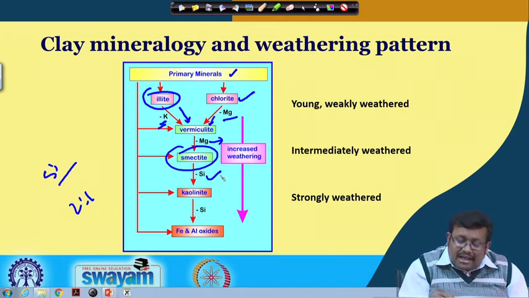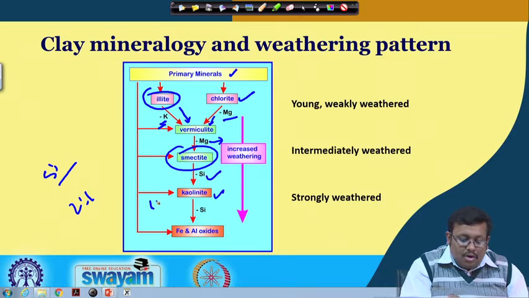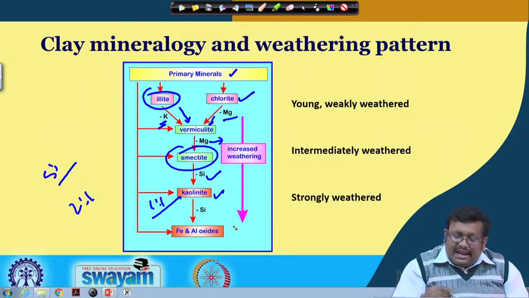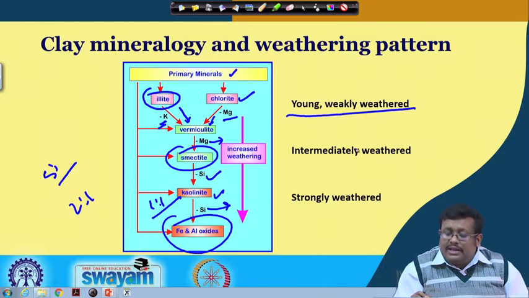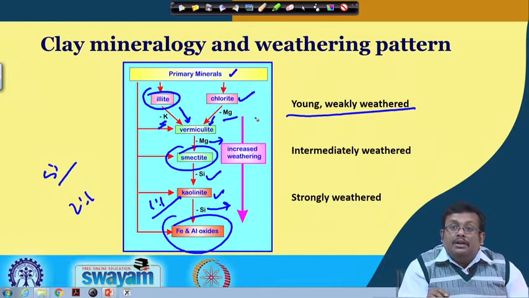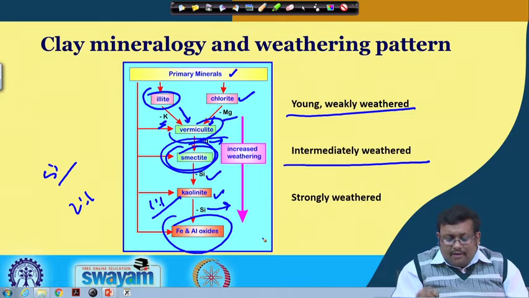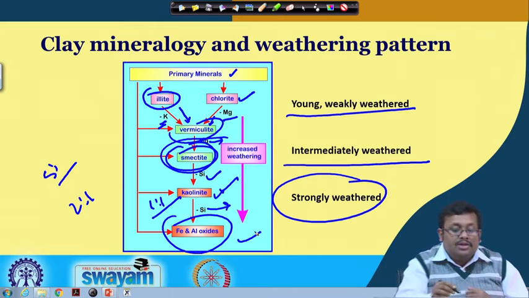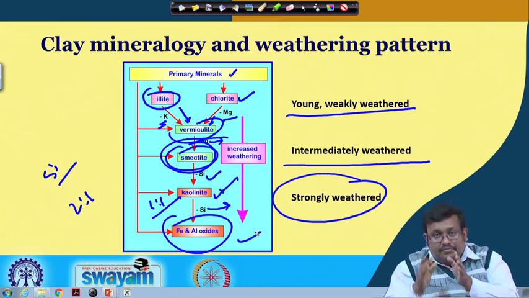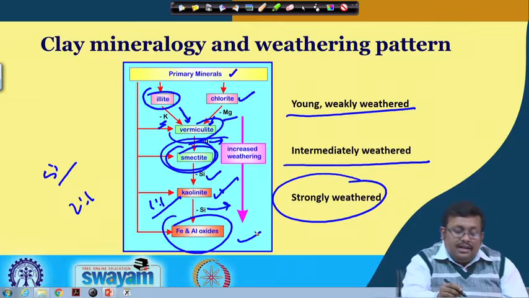Further weathering will remove the silica, ultimately producing 1:1 type kaolinite, and under extreme weathering conditions, there will be further removal of silica, ultimately producing iron and aluminum oxides. So, in young and weakly weathered soil, you will see the dominance of illite and chlorite; in intermediate weathering, the dominance of smectite and sometimes vermiculite; and in strong weathering conditions, the dominance of kaolinite and iron and aluminum oxides. This is how the intensity of weathering can change one clay mineral to another.